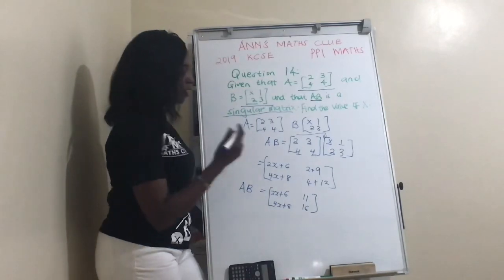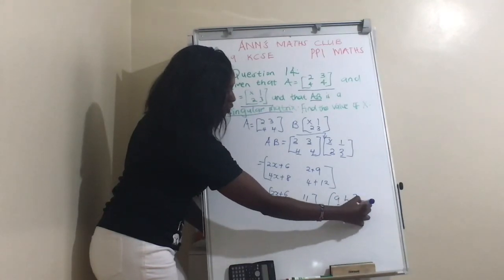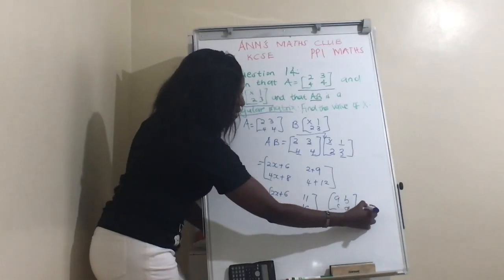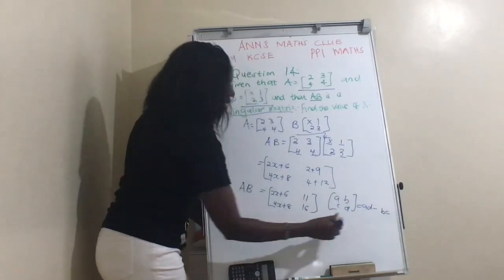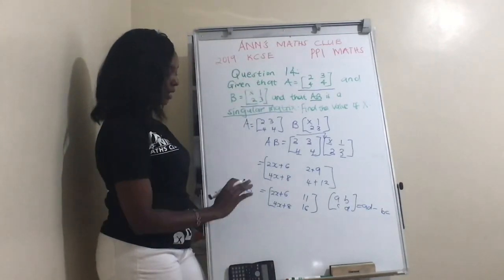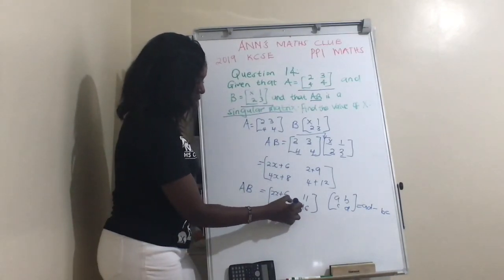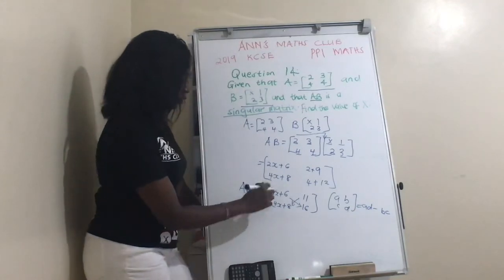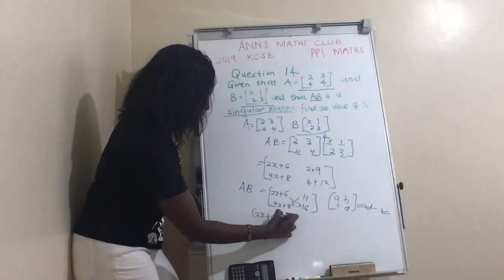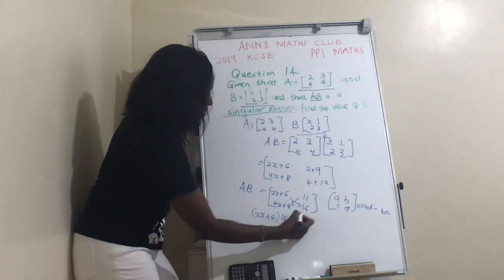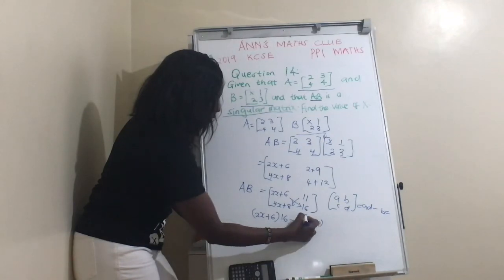When finding the determinant of a matrix with entries A, B, C, D, you do A times D, AD, minus BC. That is how you find the determinant. So for our case, the determinant of AB, we multiply this with this and this with this. So 2x plus 6 multiplied by 16, minus 4x plus 8 multiplied by 11.